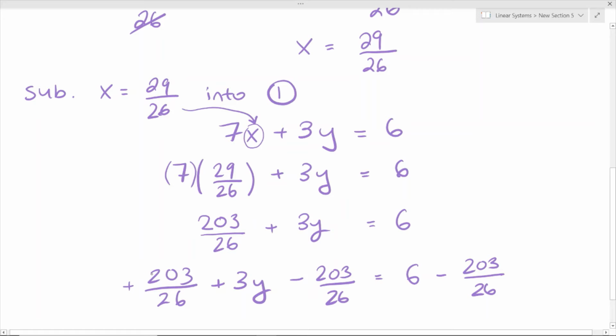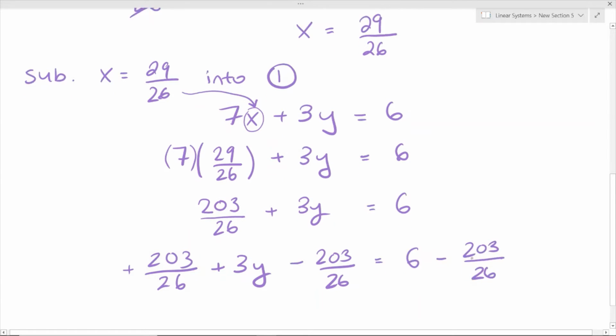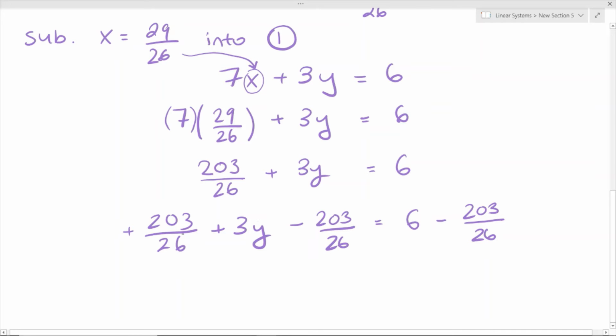Since it's positive, it means that we subtract, because that's the opposite of addition. When we do the opposite, we must do it on both sides to balance out the equation. So now this is going to give us 0, so we can cancel it. And then this is going to be 3y, equal to 6 minus 203 over 26.